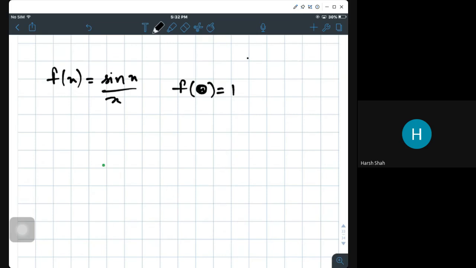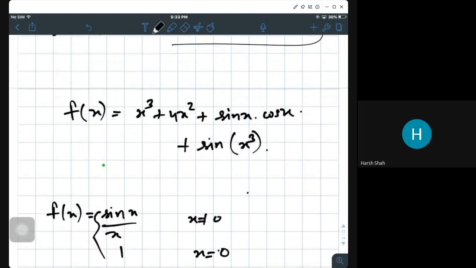This is 1 for x equal to 0. This is what your pieces are, right? Okay. Let's first solve this one, then we'll solve that one.